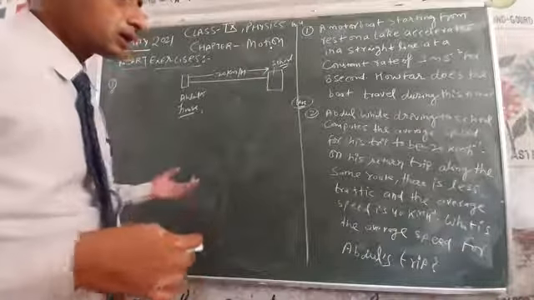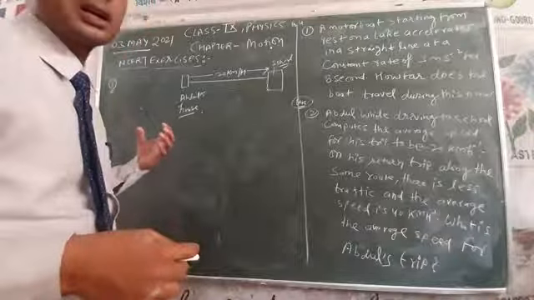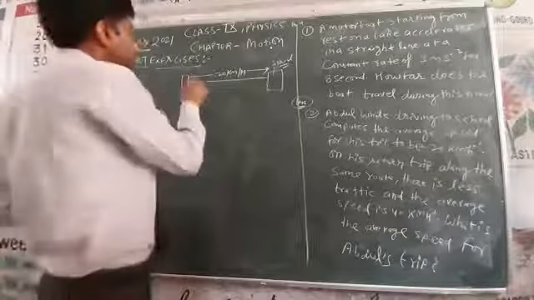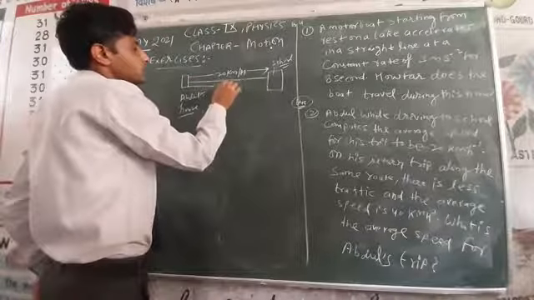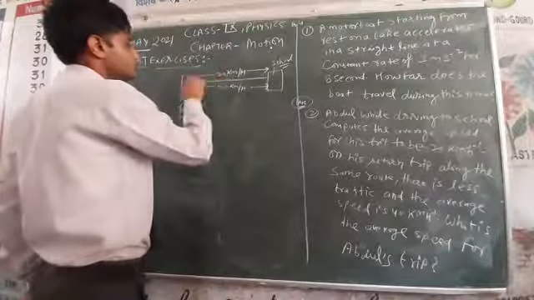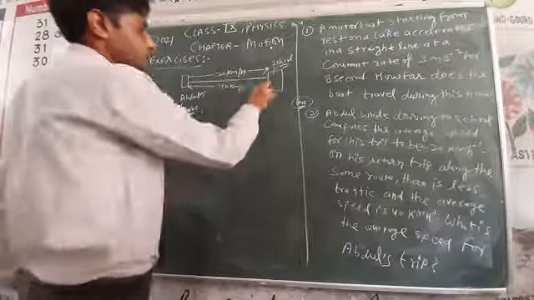And while coming back by the same route, the speed is 40 km per hour due to less traffic.